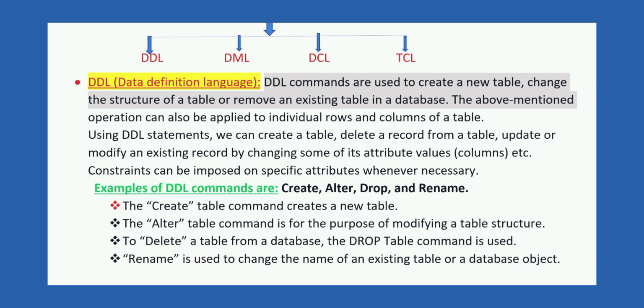Whatever database is existing there, if it is of no longer use, you can delete it. The above mentioned operations can also be applied to individual rows and columns of a table. Means updation or deletion of data can be done row wise or column wise, or you can delete the complete table also.